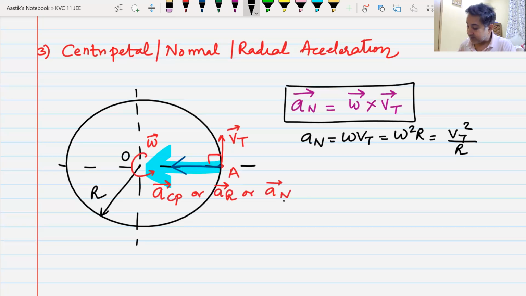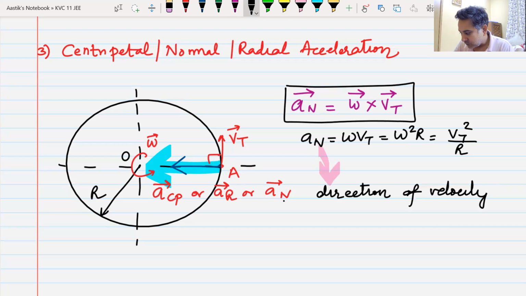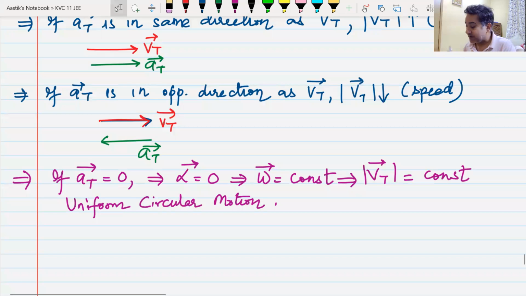What is the job of this normal acceleration? It changes the direction of velocity. It cannot change anything else. What changes the magnitude of velocity? It is tangential acceleration that changes the magnitude of velocity.